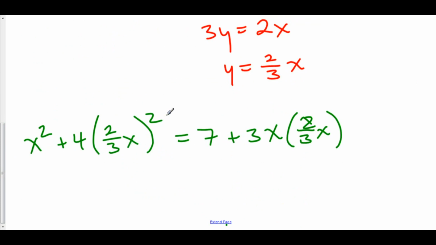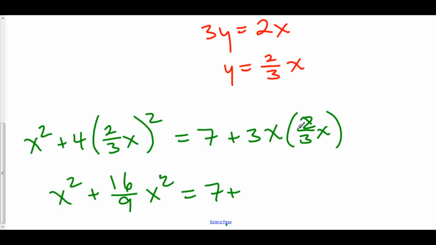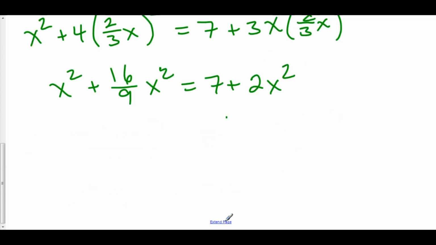Two-thirds x squared, that's 4/9x squared, times 4 is 16/9x squared. Here we have 7 plus 3x times 2x over 3. The 3's cancel out, and we have 2x squared on this side.